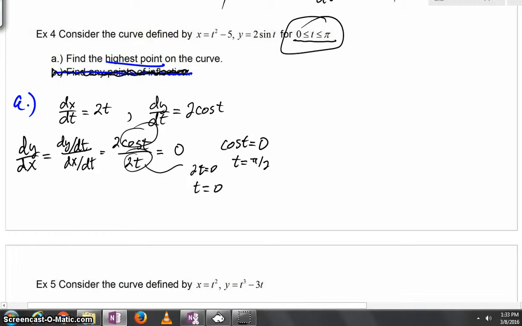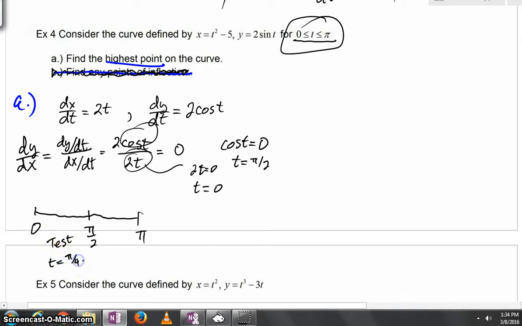Now, how did we proceed way back in September? We did a number line, didn't we? And we said, you know what? This is great. We could put a little number line right here and say, well, clearly we're going from 0. We can only get as big as pi. And over here is pi over 2. And we would take sample t values. Like we might test t equals pi over 4.